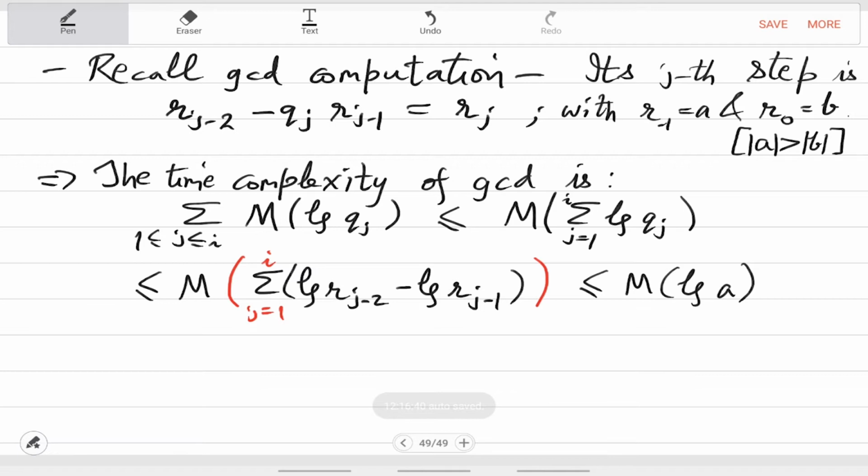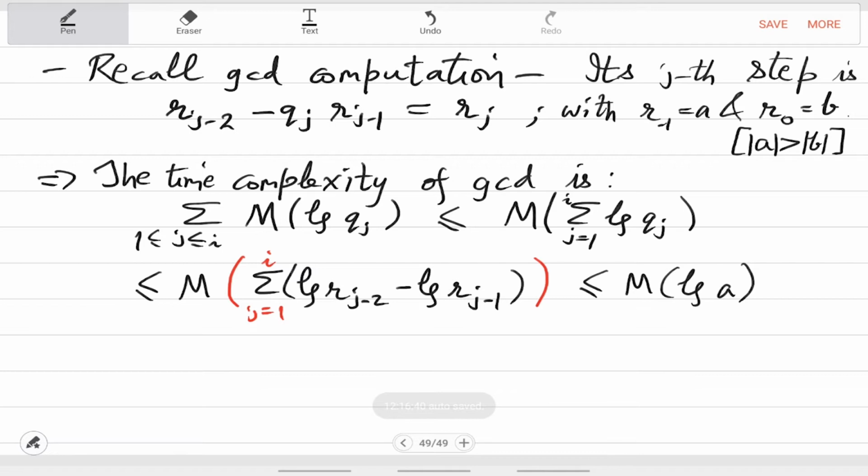M of log Qj uses what we just learned before, division. You have to find Qj, which is unknown. You know the previous two remainders, Rj minus 2 and Rj minus 1, and you have to compute the ratio approximately.